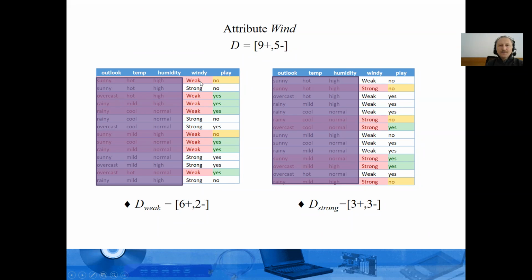From the weaks, how many of them are yes? 1, 2, 3, 4, 5, 6 of them yes. Among the weaks, we are not looking at the strong, how many of them are no? Only 2. Yes, we'll calculate them. Among the strongs, 3 of them have a positive result, they will play tennis, and 3 of them have a negative result.